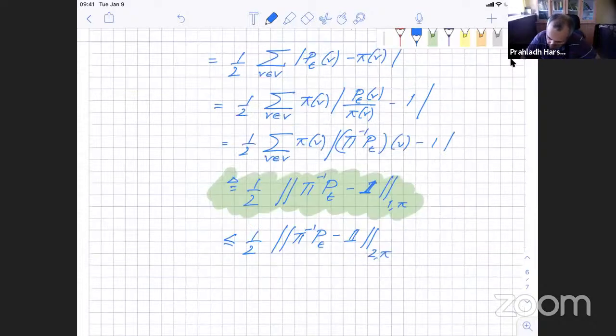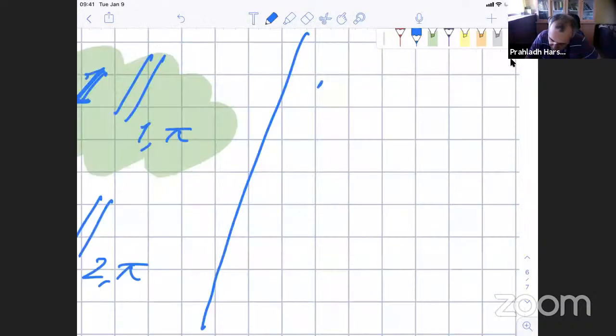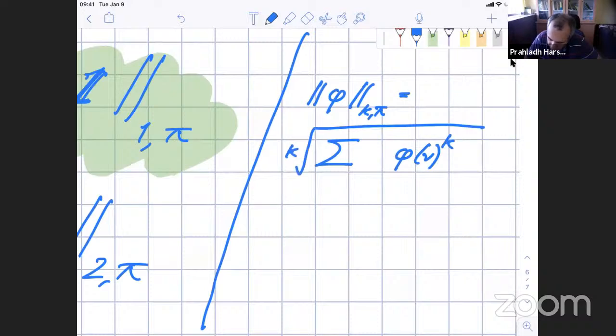For any vector phi, the k norm under pi is almost the usual definition: it is the summation of phi(v) to the power k over v in V, and you take the kth root of it, but you don't take the plain sum, you take the weighted sum.